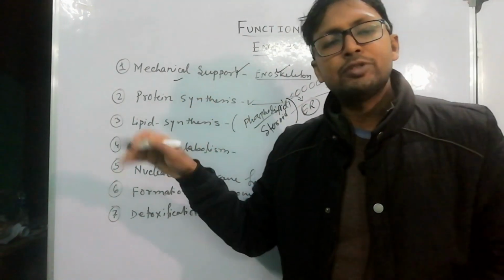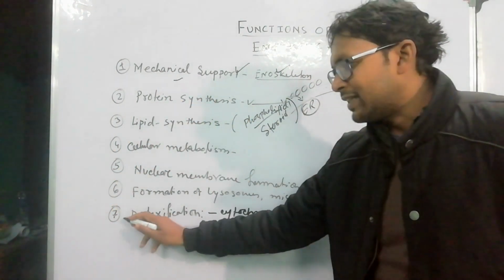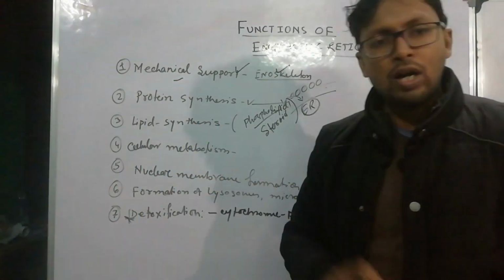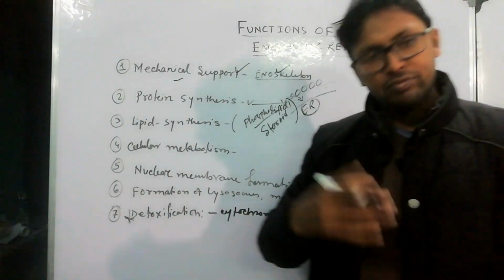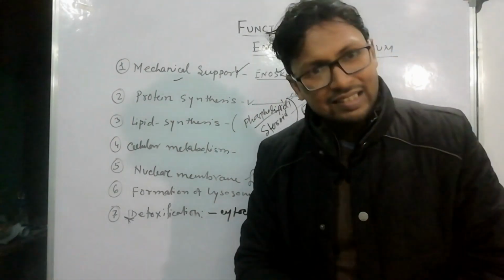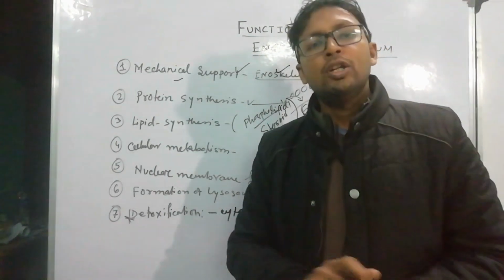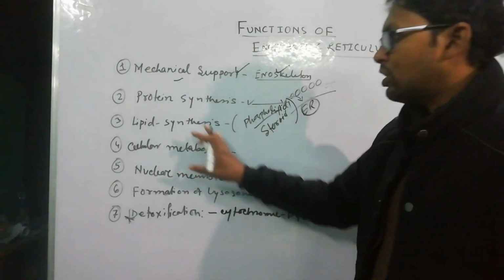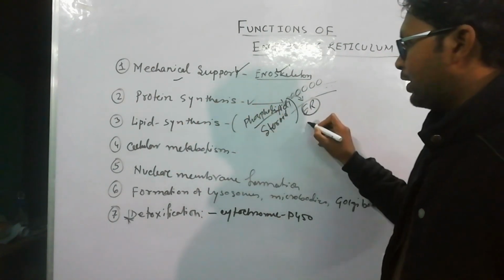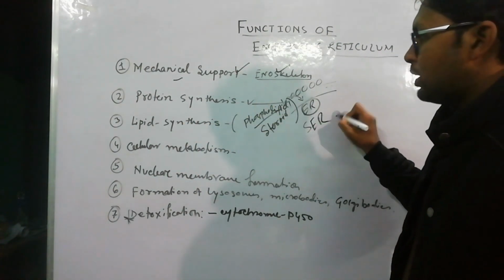Its lipid function as well as detoxification is very important, because detoxification of pollutants, drugs and steroids is essential. So detoxification is a major function of smooth endoplasmic reticulum, SER.